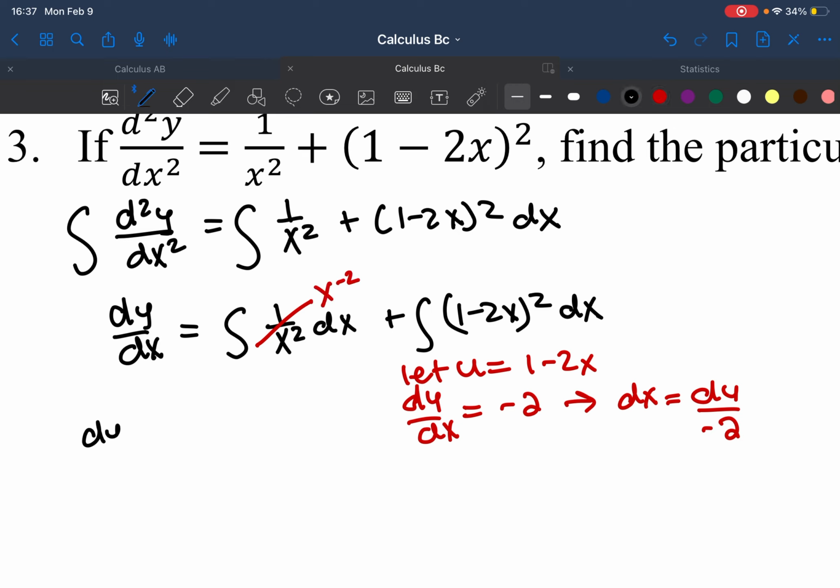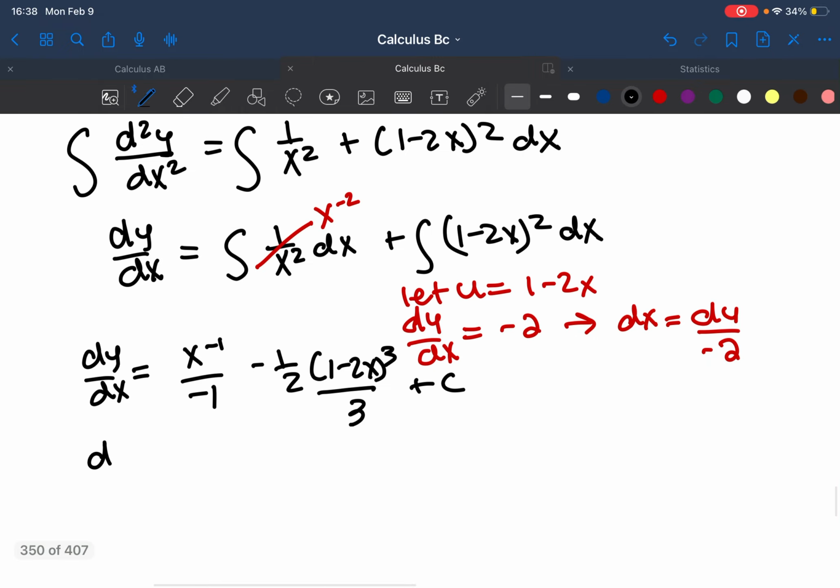So I have dy/dx equal to x to the -1 divided by -1, plus, well, minus 1/2 because I have to take that out, and then 1 minus 2x to the 3rd over 3, plus c.